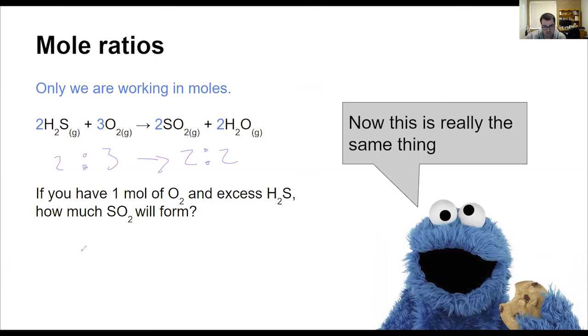We have our material we're interested in, in terms of its number of moles, divided by the moles of the material where we know what we have. We times it by the quantity of moles that we know what we have, so 1 mole, and that's going to give us 0.67 moles of sulfur dioxide. We'll just do it to 2 decimal places right now.